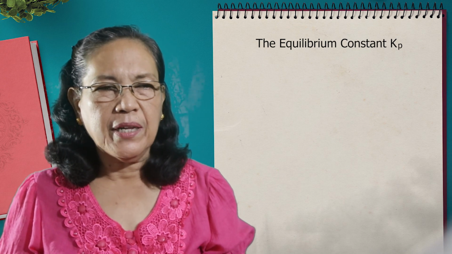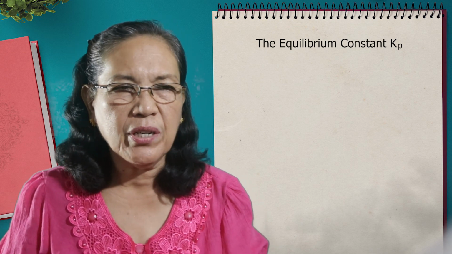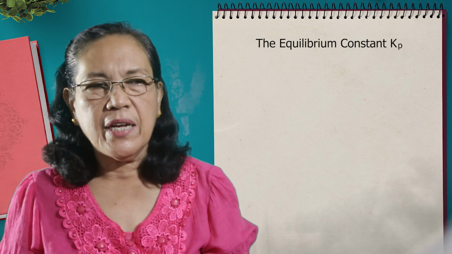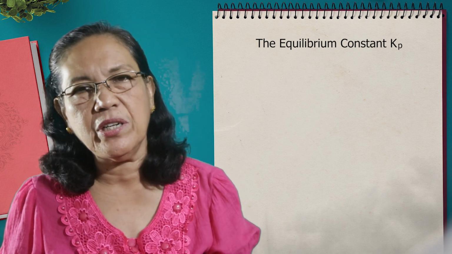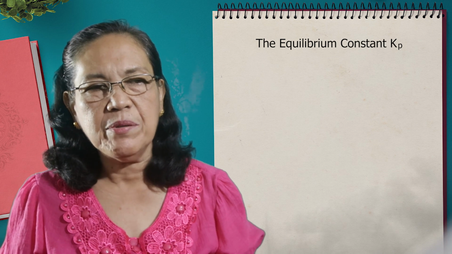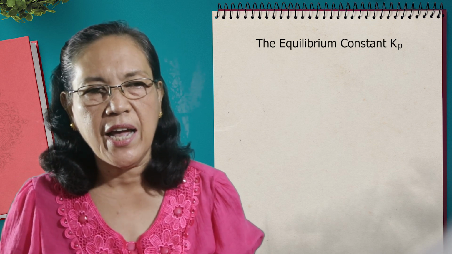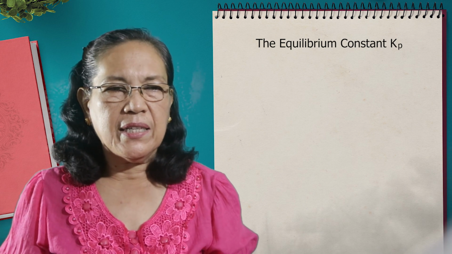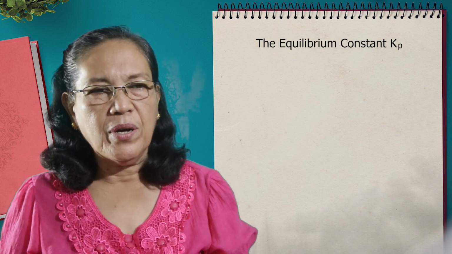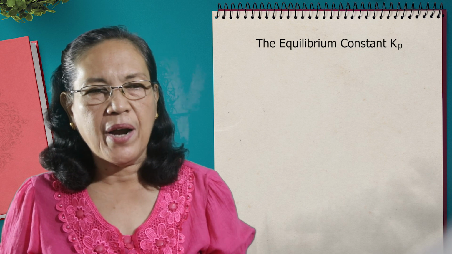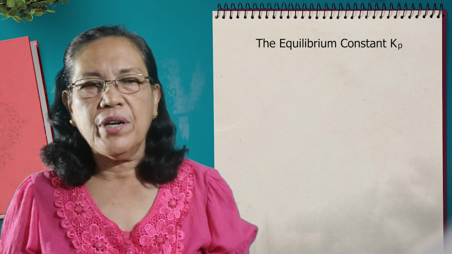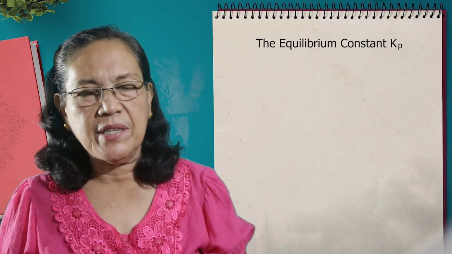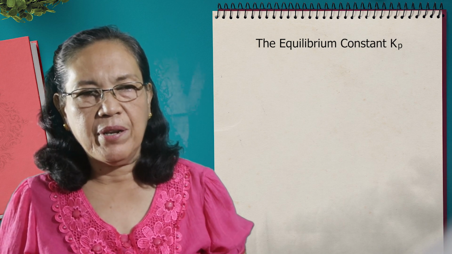So K times the concentration of water is equal to the concentration of the hydrogen ion times the concentration of the hydroxyl ion. Now this constant, K times the concentration of water, is called the ion product of water, or the water dissociation constant, and is given the symbol Kw.